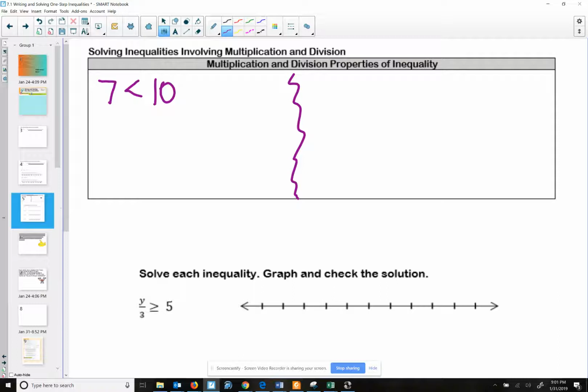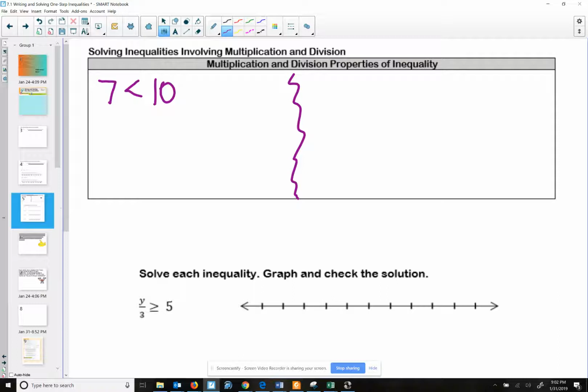It's true. Now, if we take 7 is less than 10, and we perform the same operation on each side, like before when we were doing addition or subtraction, it didn't matter what we did, the inequality always stayed true. So let's test this out with multiplying or dividing, okay?